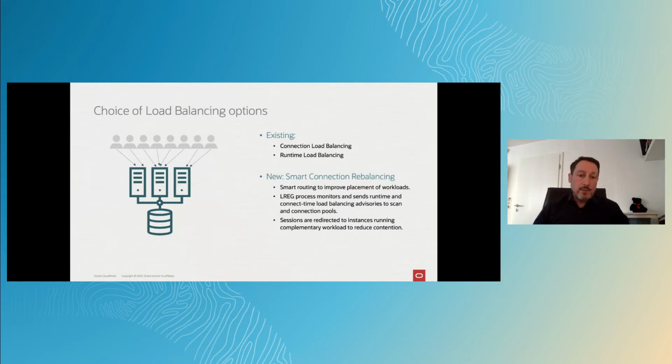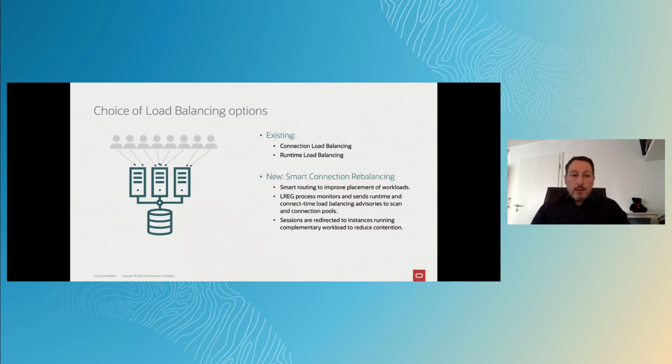And that essentially is what smart connection rebalancing is doing. We are analyzing the workload which is hitting the Real Application Cluster. And when we do recognize that it's very common for specific sessions to only update a single table, we ensure that we are redirecting the sessions to a single instance, ensuring that we do not need to ship the block to the other instance, causing resource contention.